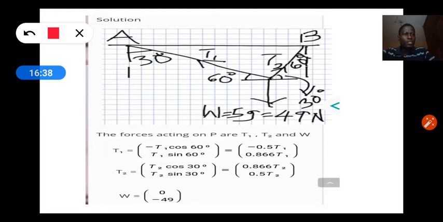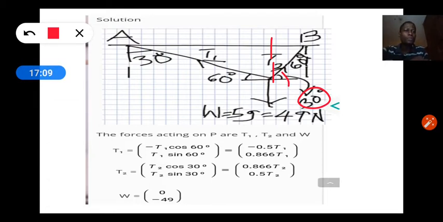To get this particular angle here, since this inside was already 60, if I remove that 60 from 90, I have this 30. That's talking about this angle here. So I have 30 degrees against the horizontal line.